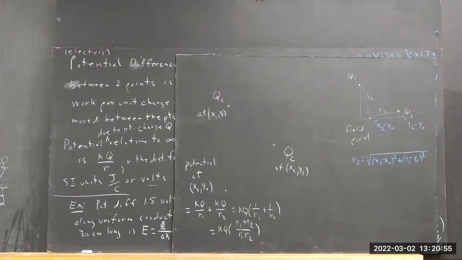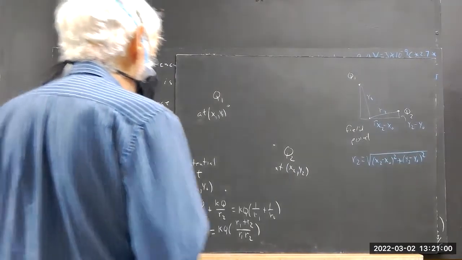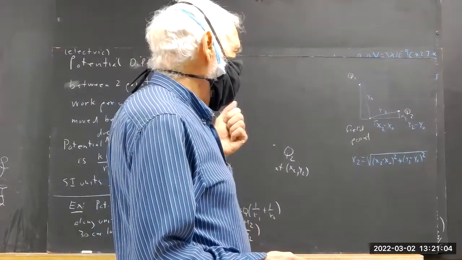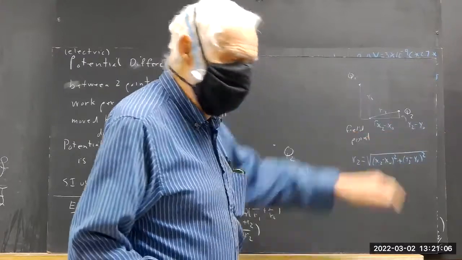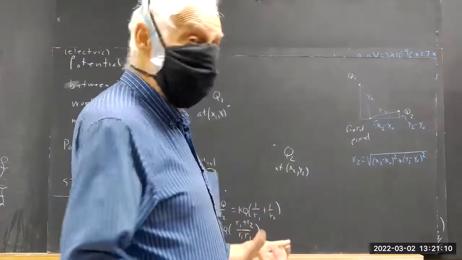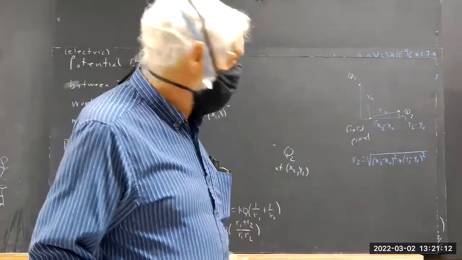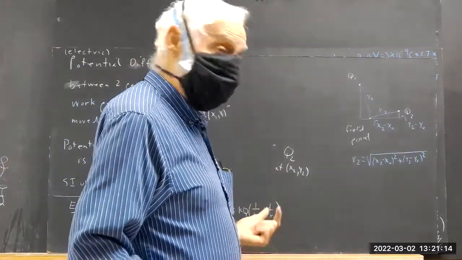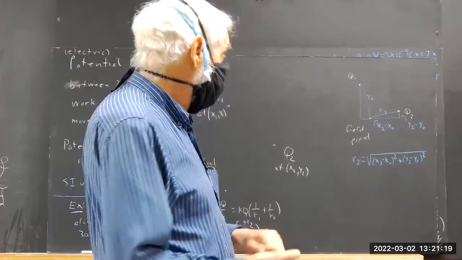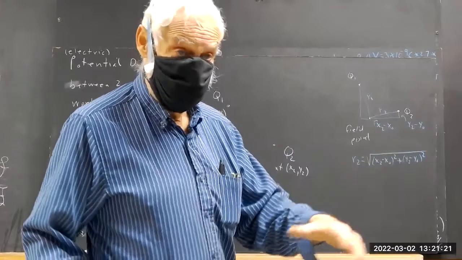Well, that's an important picture. If these two charges have opposite signs, then there are points where the potential is 0, right? Matter of fact, there are paths along which the potential is 0.